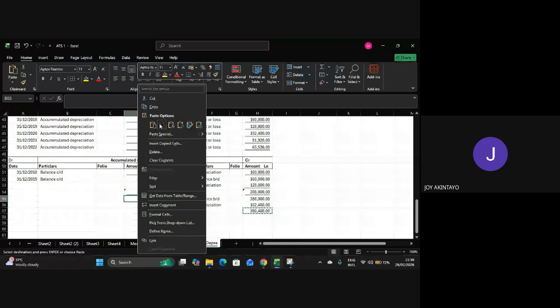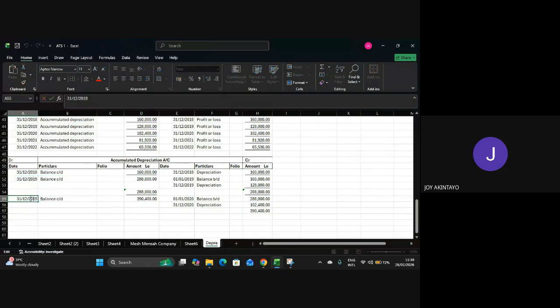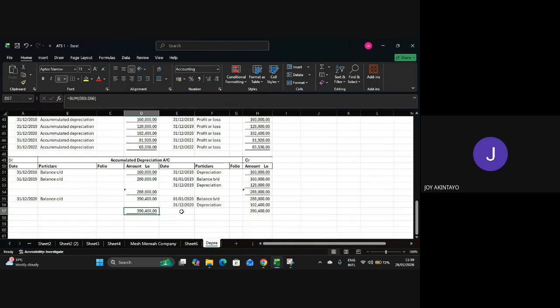Abi, I need your response, please. So your balance carry down at the end of the period is this. So 2020. Are we together? You make sure the two sides are equal. Then cover this.